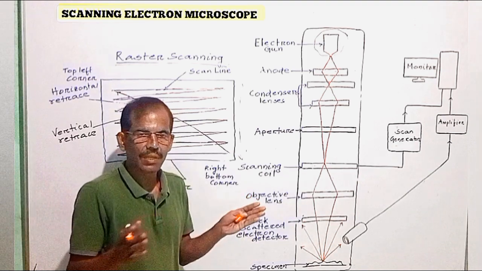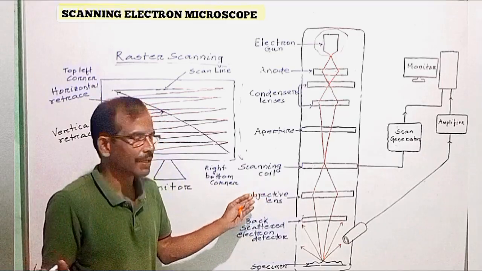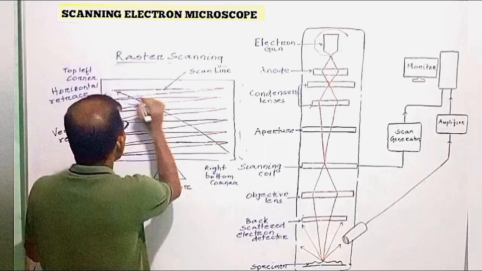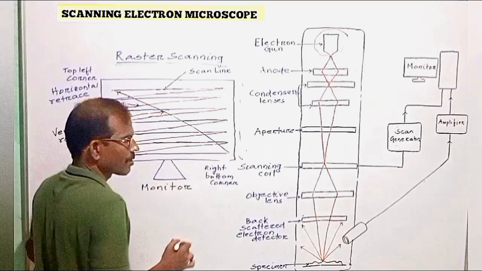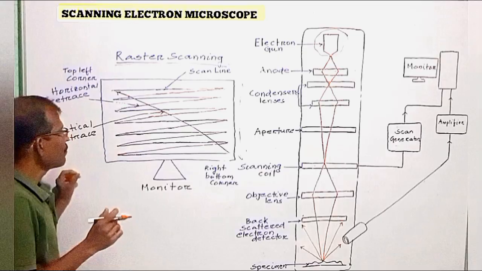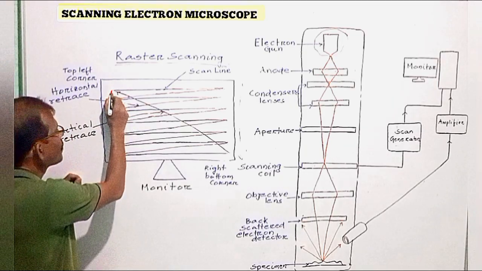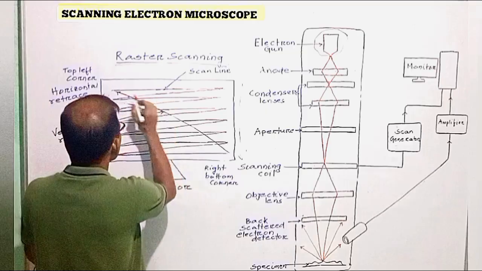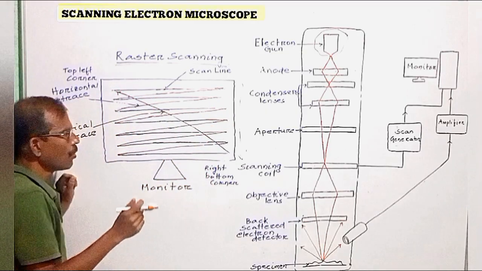In raster scanning, the electron beam moves in a systematic line-by-line rectangular pattern from top to bottom. First of all, the electron beam moves from the top left corner to the right. This forms the first scan line.